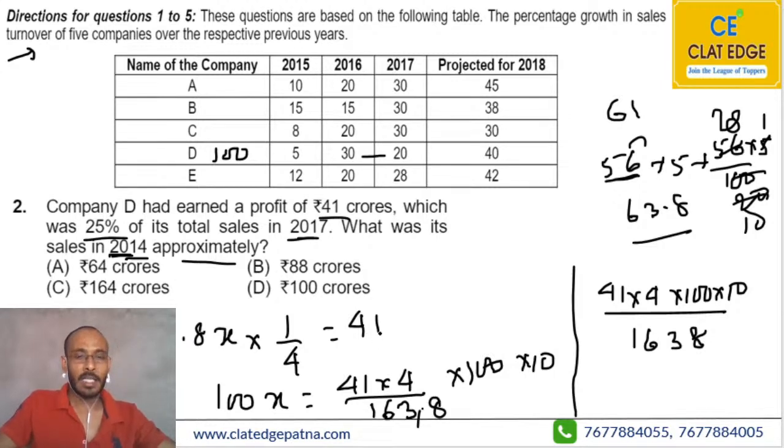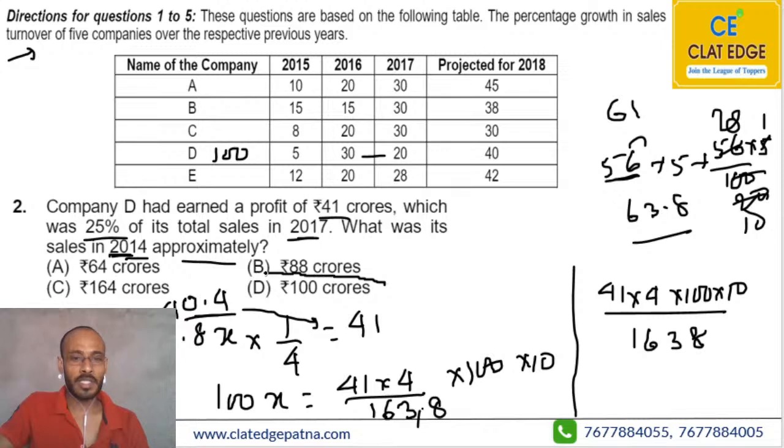So guys, its 1/4 is actually 4 times 3, we cannot cancel out, then you can say this is 0, and this is 40.4, which is nothing but approximately 41. So the answer will be around 100 crores, because 40.4 crores is equal to 41x, so 100x will be equal to 100 crores.